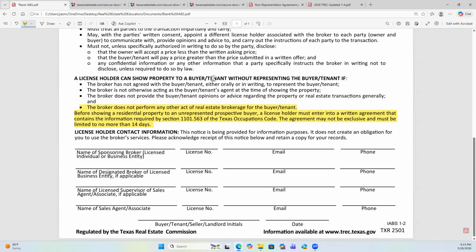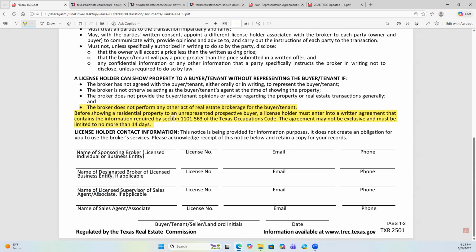Doesn't necessarily mean that written agreement means I am your realtor and you are my client. It could also just simply mean I have a written agreement to show you a property. I have a written agreement for you to walk into my open house and things like that. This specific little dot on the IABS, which is new, is basically saying you have to sign something to get anything from a realtor. Okay.